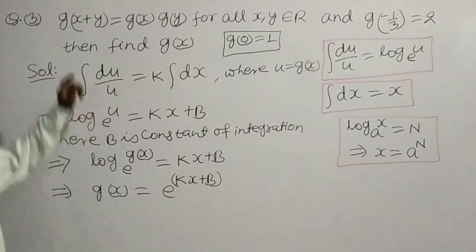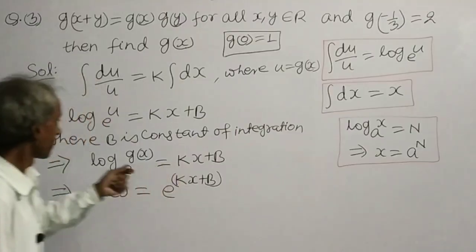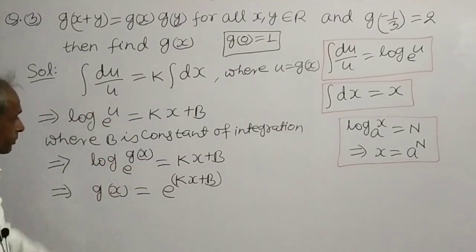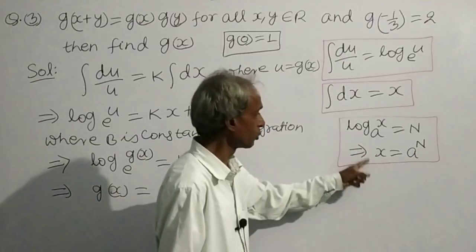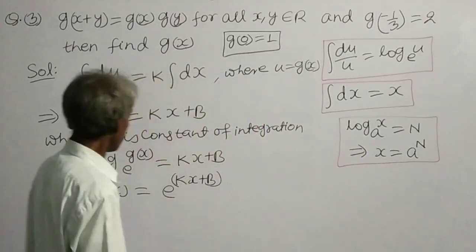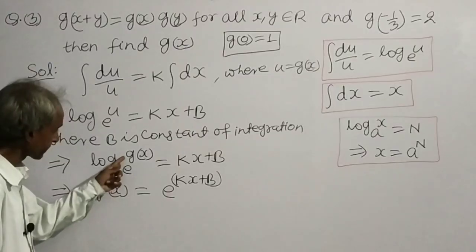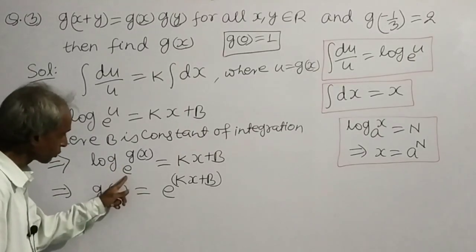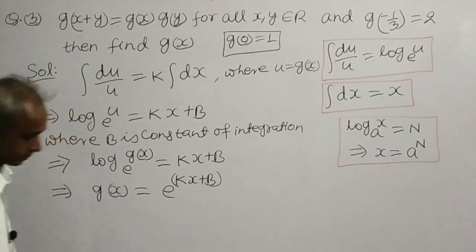Now we put g(x) in place of u. Now by using this formula of logarithm, we can write that g(x) is equal to e to the power kx plus b.